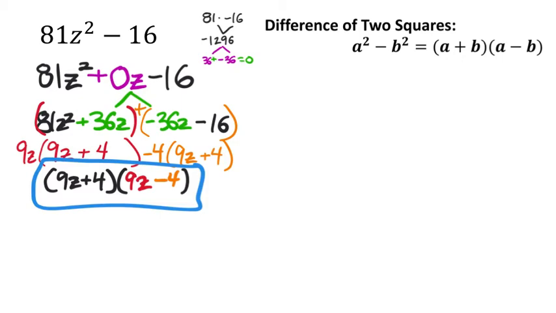Let's look at the original expression here. We had 81z squared minus 16.